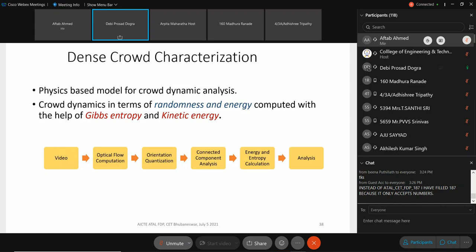Then you do some kind of orientation quantization, direction wise, because you may have all 360 degrees and you do not want all of them to be available. You just want some of them to be quantized. So you can have 8 levels, 16 levels, depending on the requirements. You do post processing like connected component analysis. You find the groups, and you calculate the energy and entropy of these groups, and you do the analysis.